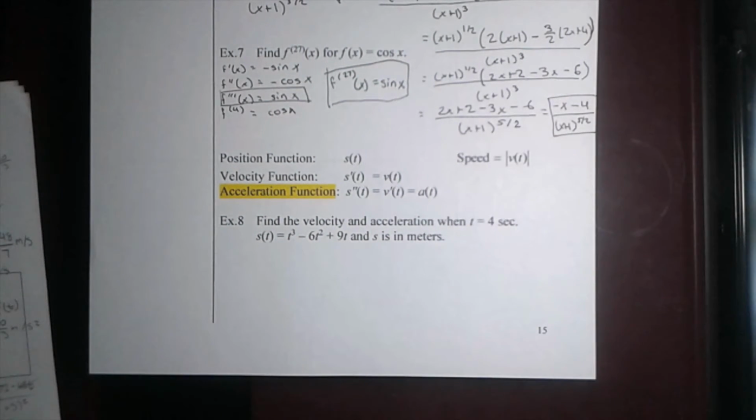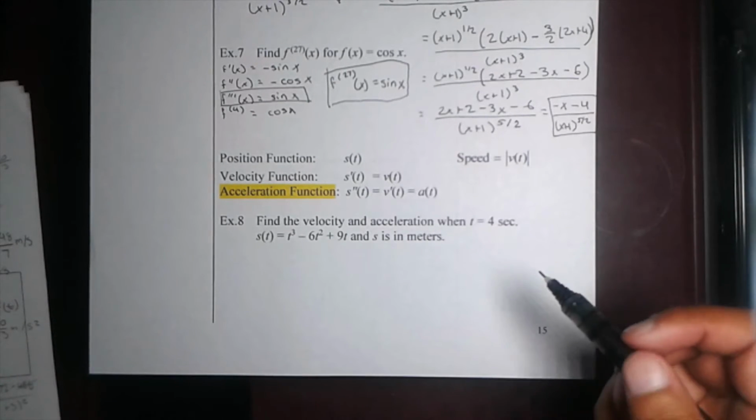And for the last part, before we go to the EP question, it wants us to find the velocity and acceleration when t equals 4. And s of t equals t cubed minus 6t squared plus 9t. And s is in meters, so s is your position.